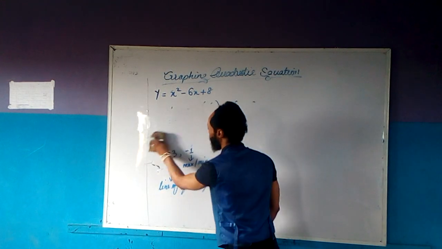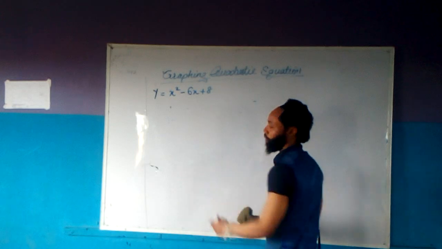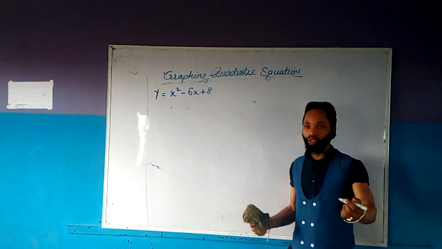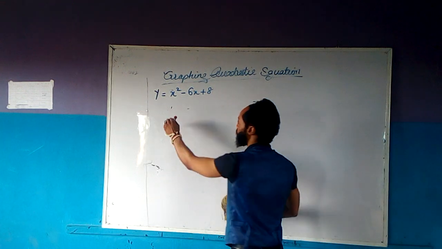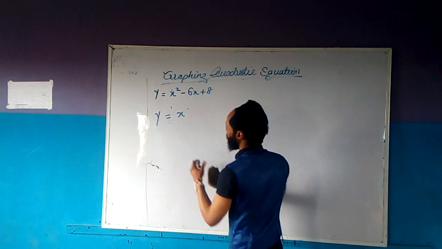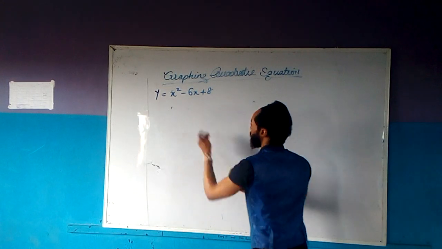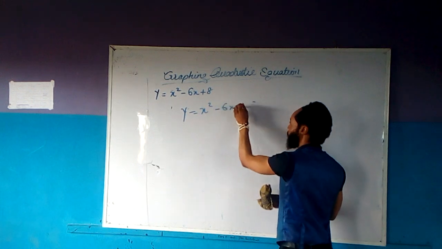So let's use the vertex form. This is what you do if you want to use the vertex form. We write y equals x squared minus 6x plus 8.